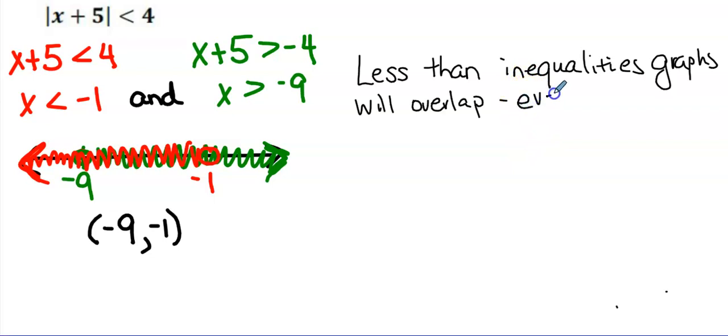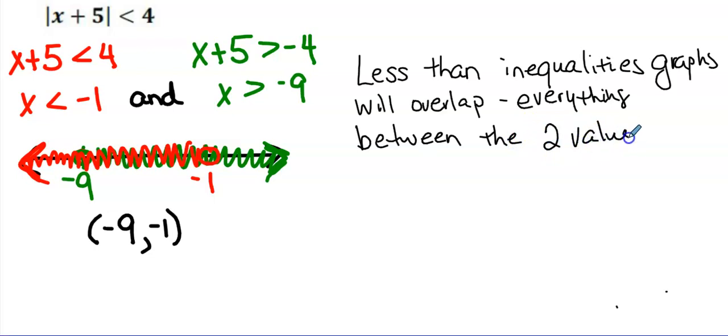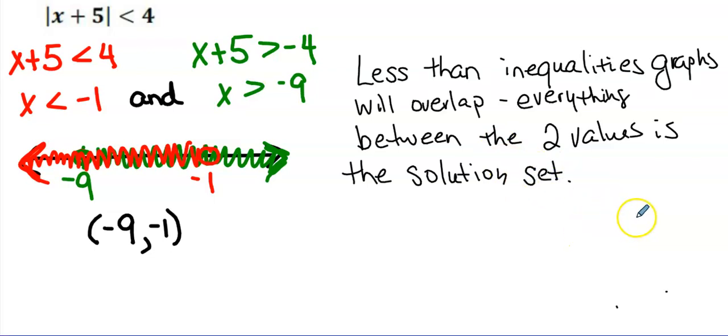So everything between the two values is the solution set. So you don't really have to draw all of this out here and all this out here. Just think, okay, I know it's everything between the two numbers. I need to look and see if it's an open circle or a closed circle. If there is no overlap, there's no solution.